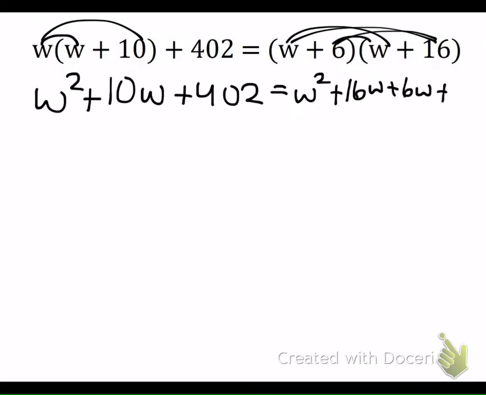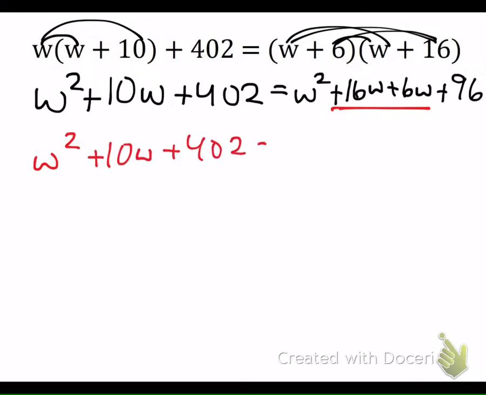What is 6 times 16? 96. Okay. No like terms on the left, but I can add these. So W squared plus 10W plus 402 equals W squared plus 22W plus 96.